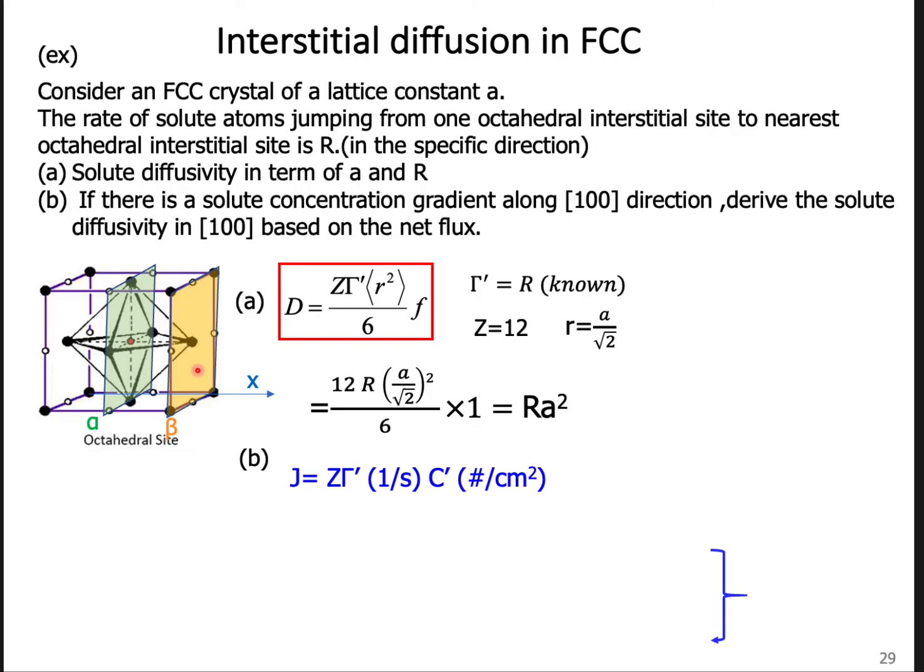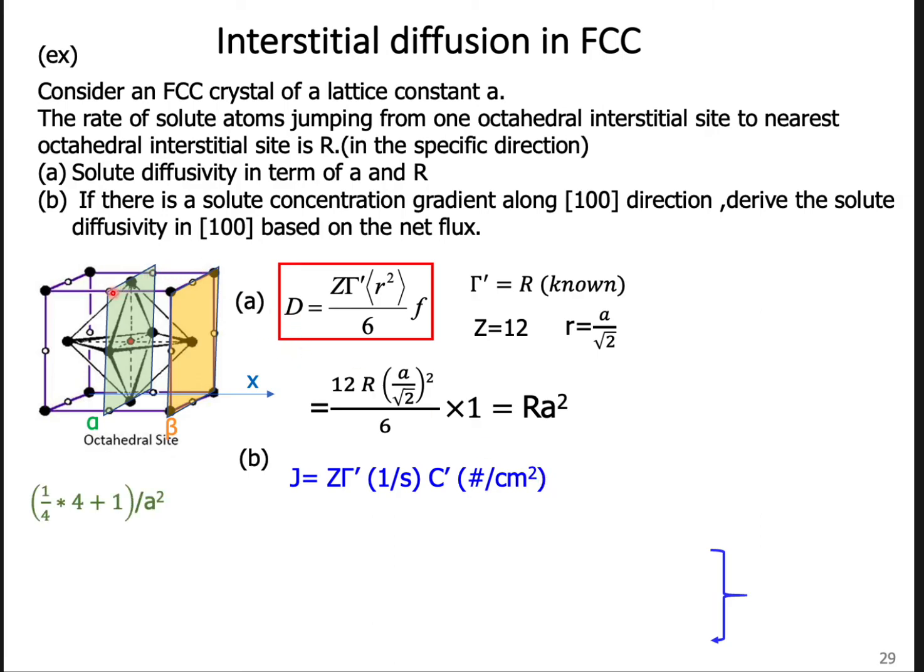In order to formulate the flux, you need to write it down. It's gamma times the area density. Gamma is the number of possible jump directions times the atomic jump rate along specific directions, and this is the area density. So first of all, we need to determine the area density here.